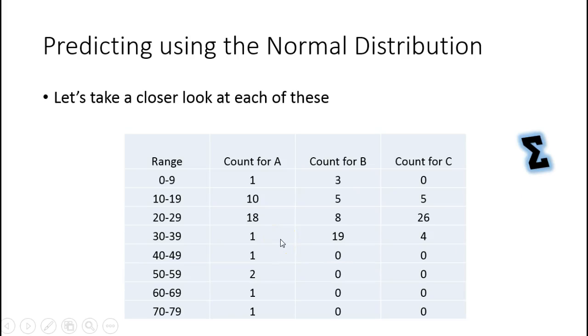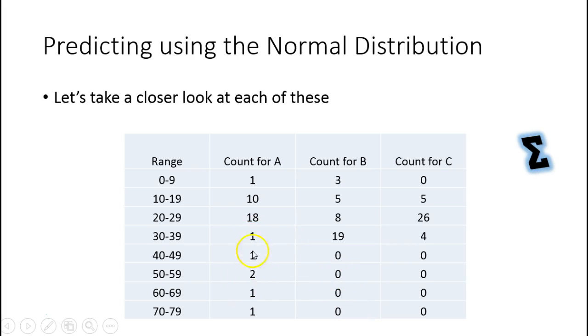Now, let's take a closer look at each of these. It looks like for drive A, I've got a lot of values down in the lower ranges. I just made a little frequency distribution here. For drive B, I've got a lot in the 30 to 39 range, quite a few in here, and none beyond the 30 to 39 range.